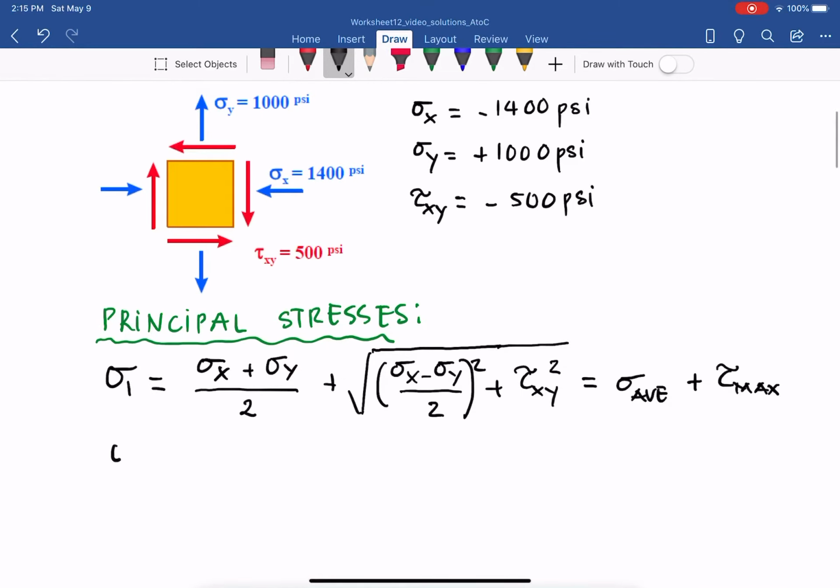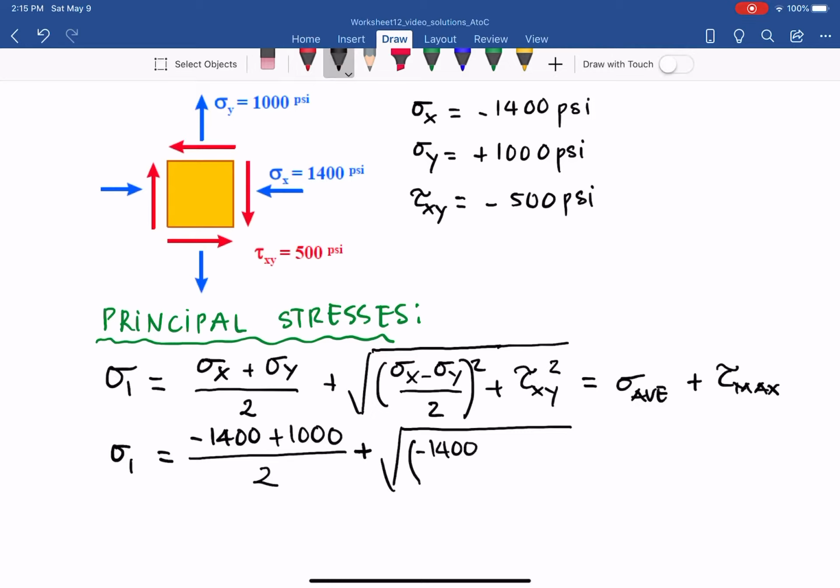We can plug in: sigma 1 equal to negative 14,000 plus 1,000 psi divided by 2, plus the square root of negative 14,000 minus 1,000 divided by 2 squared plus tau xy negative 500 squared, and it equals two components.